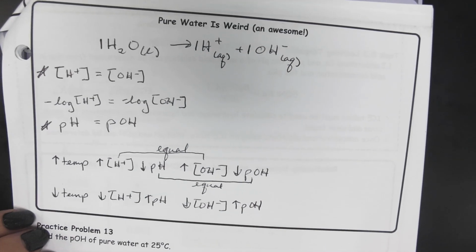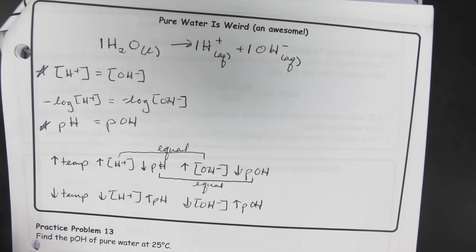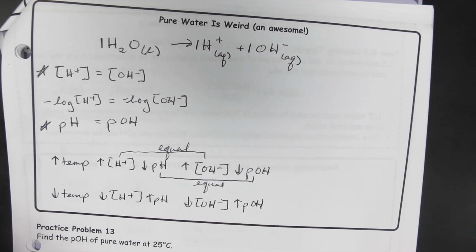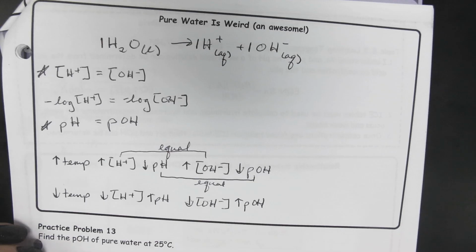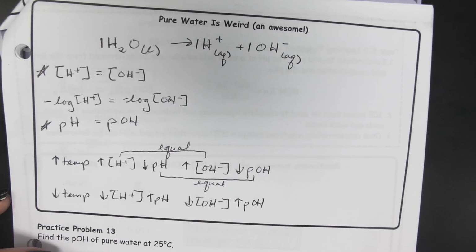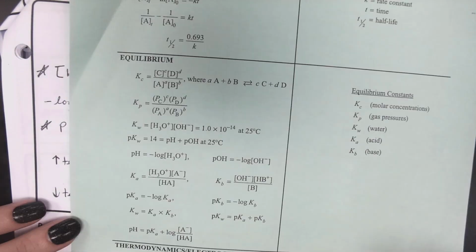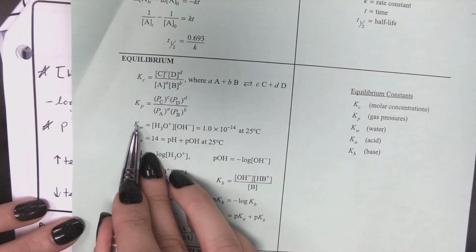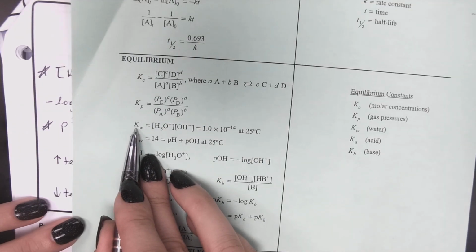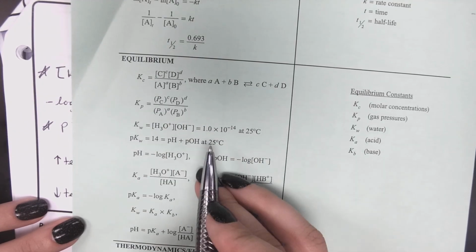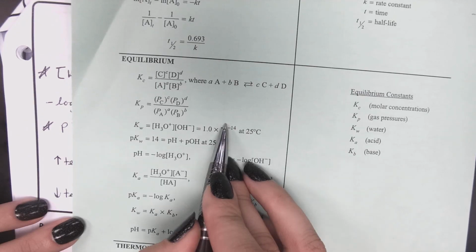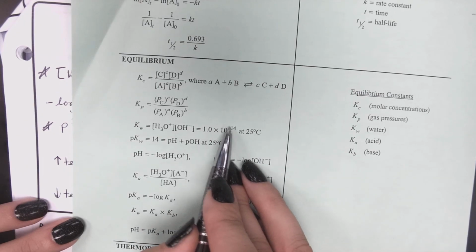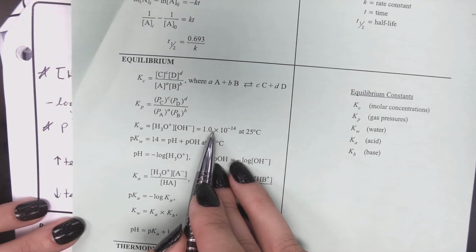there's something I'm going to show you that will make more sense when we get into our kinetics unit. But I just need you to know, and it's on your blue reference, KW is just a number, and if it's 25 degrees Celsius, then this is that number. This is what KW is for pure water.